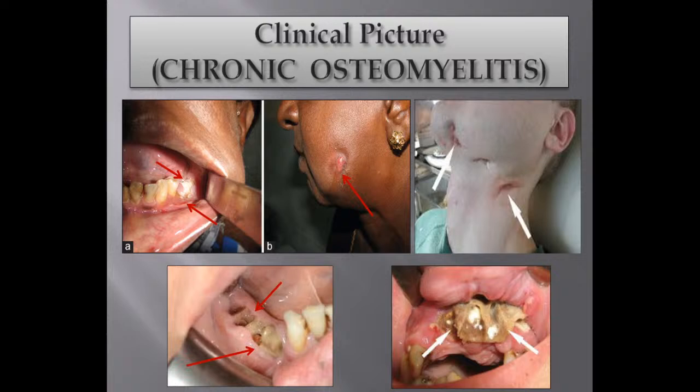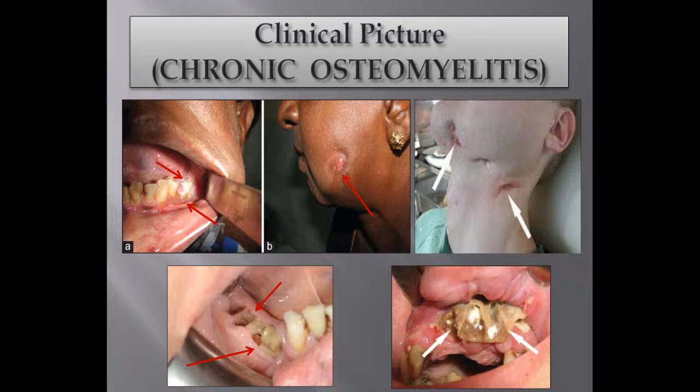Sequestrums may eventually be resolved, removed, or spontaneously expelled through the mucosa or skin, but they may persist and propagate a host response. Due to the avascular nature of necrotic sequestrum, they are poorly penetrated by antibiotics and should be removed intraorally and/or transcutaneously in a surgical operation.